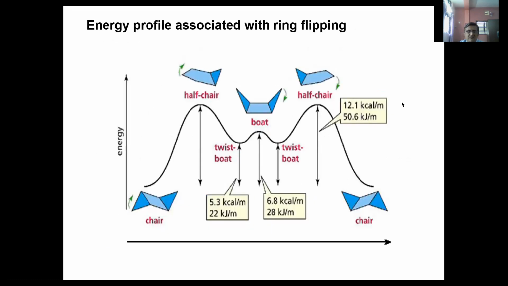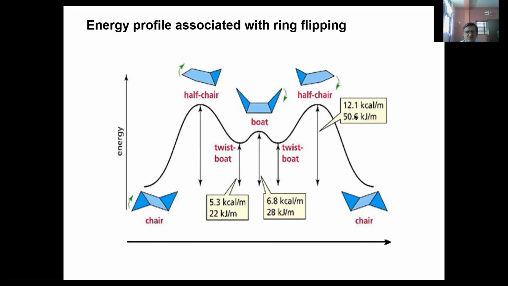It is also revealed by the energy profile diagram. Here you can see the chair conformation, when it is converted into half chair, is almost 22 kilojoules per mole. Then it comes to twist boat, around 28 kilojoules per mole. Then again half chair. Then it comes to a lowering of energy. But in the half chair conformation, here you will find 50.6 kilojoules.